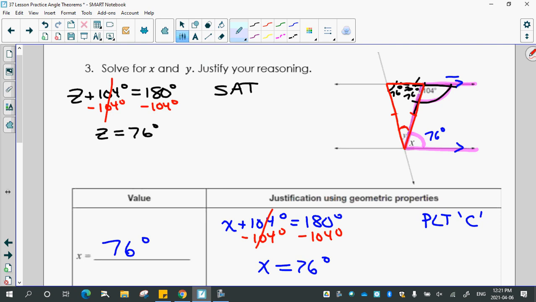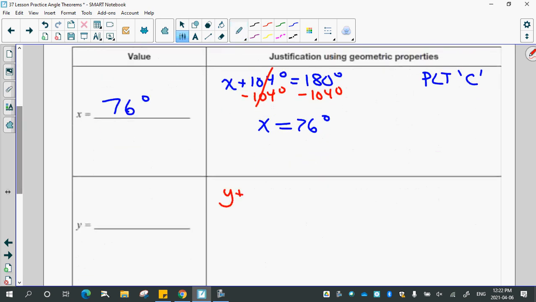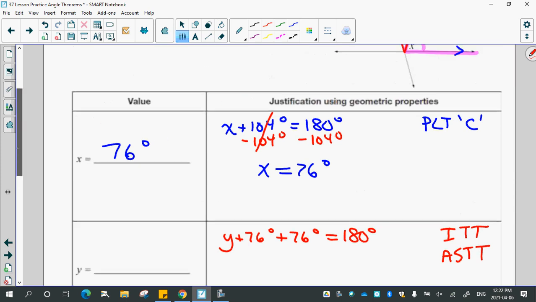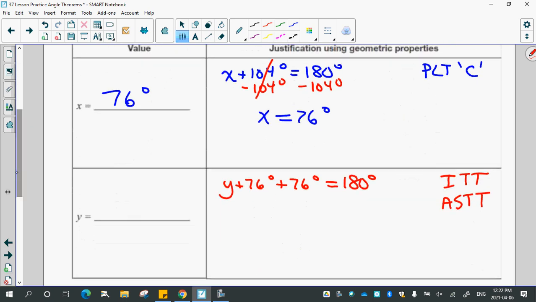So I can make the equation y plus 76 degrees plus another 76 degrees has to add up to 180 degrees. And what did we use there? We used the isosceles triangle theorem and the sum of the angles in a triangle theorem. And I showed my work up here for how I got 76 using supplementary angles.